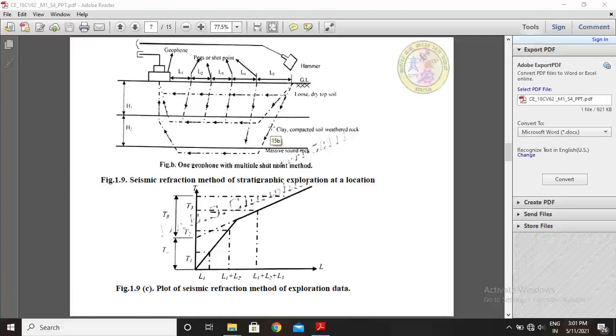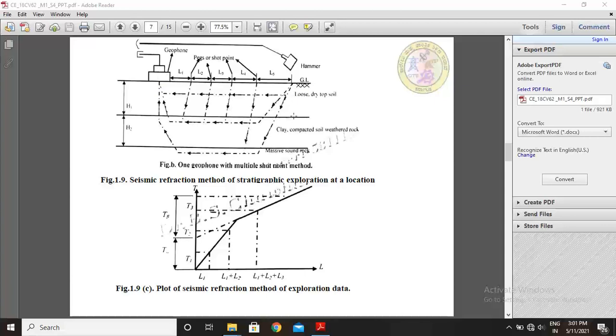This is the one geophone with multiple short point methods diagram, of different thicknesses H1, H2 and measurers. Here the distances L1, L2, L3, L4, L5, and this is the hammer, and these are geophones.